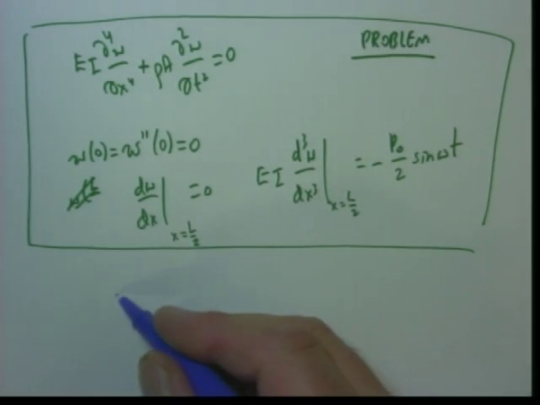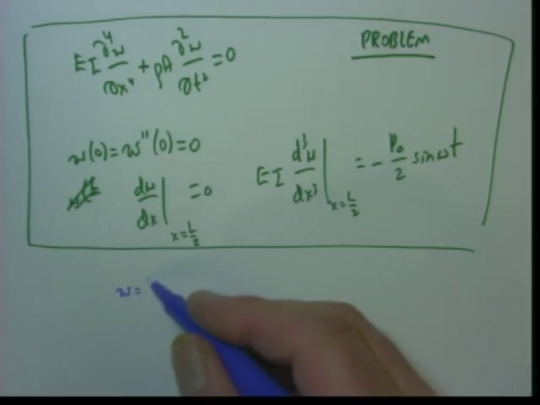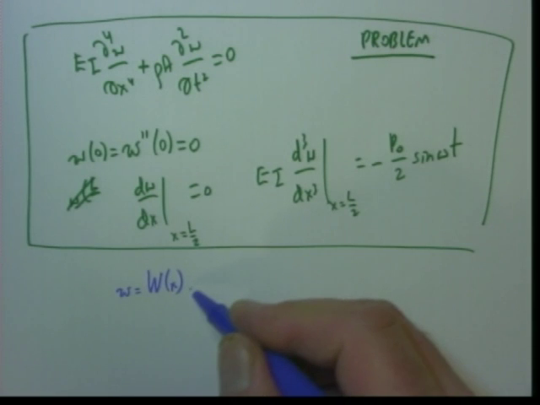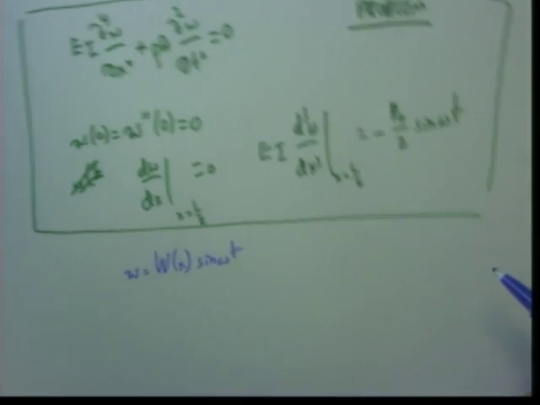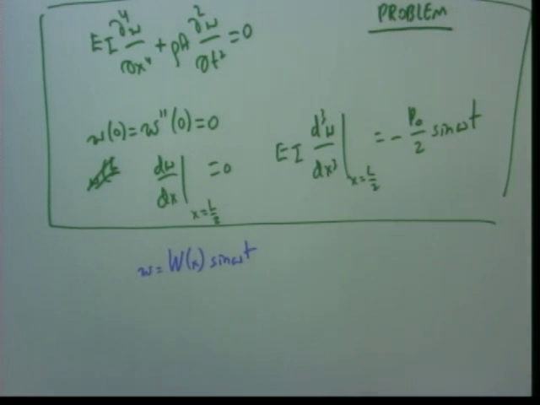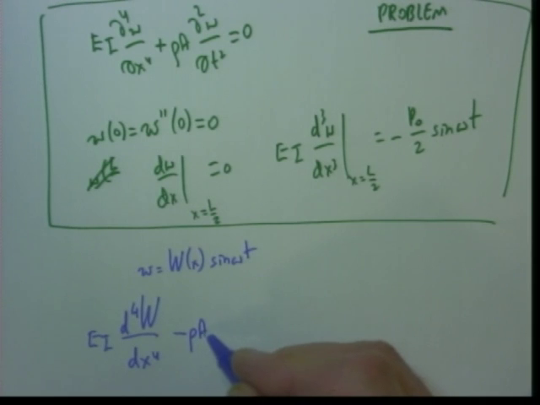Now instead of w we substitute capital W of x times sine omega t. Then we get a different problem: EI d4W/dx to the fourth power minus rho A omega squared W equals 0.